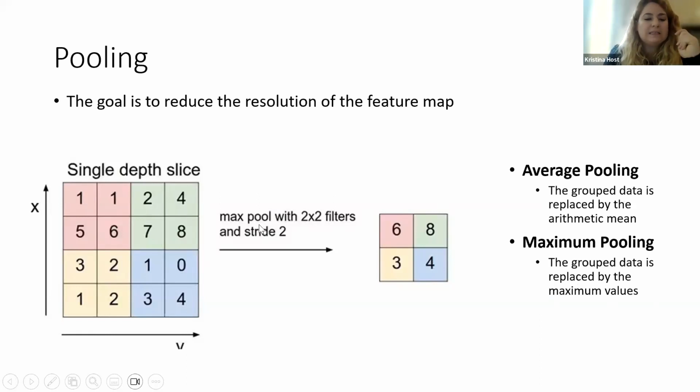What does this mean? Max pooling with 2x2 filters. So we are having a filter that takes into consideration 4 pixels and then finds the maximum. And because we have 2x2 filters, we look at these 4 pixels, and then we're not sliding by 1 pixel, but we are sliding by 2 pixels.